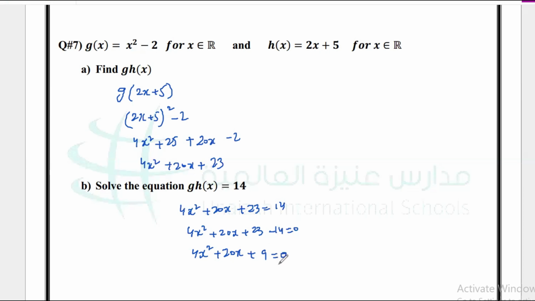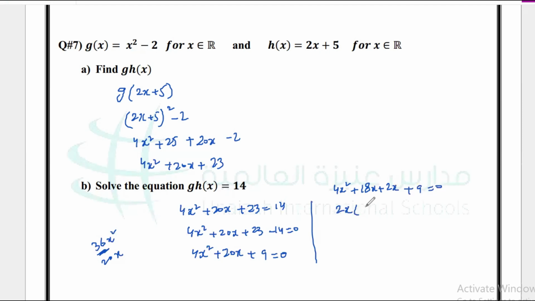Now we will try to factorize. If we factorize, our product is 36, meaning 36x squared, and the sum is 20x. So we are looking for factors of 36, and 18 and 2 will work. That means 4x squared plus 18x plus 2x plus 9 is equal to 0.